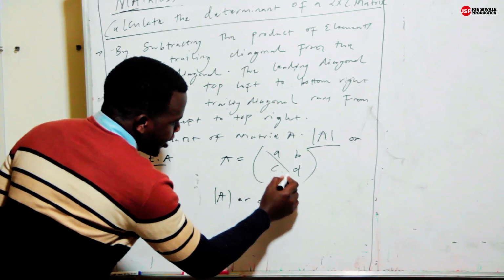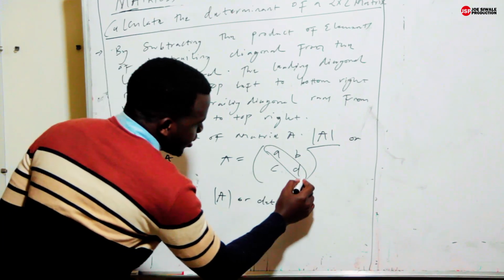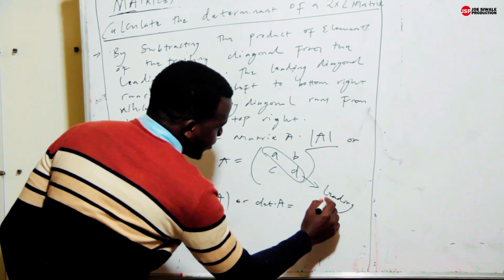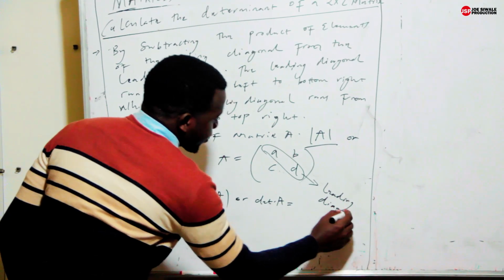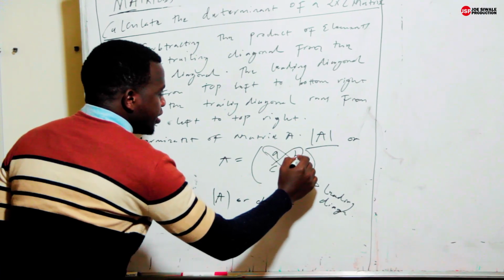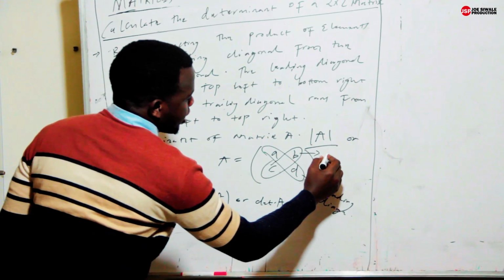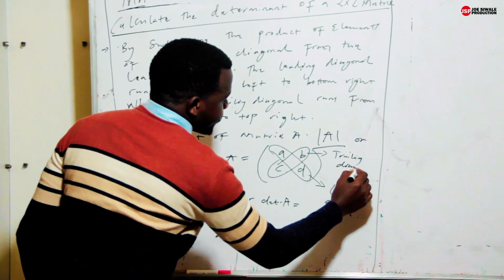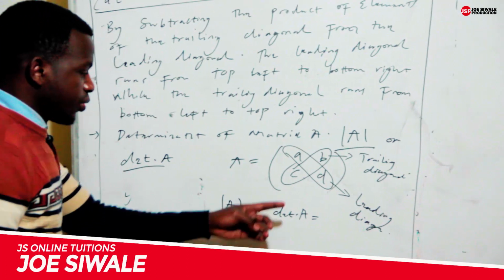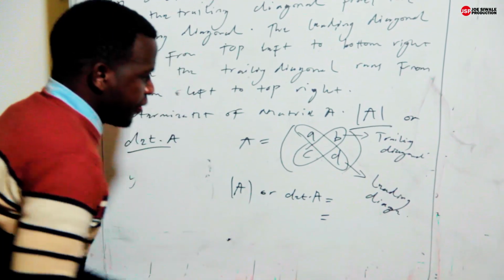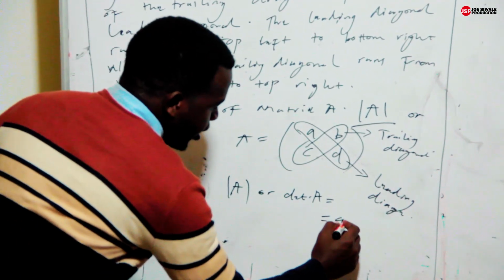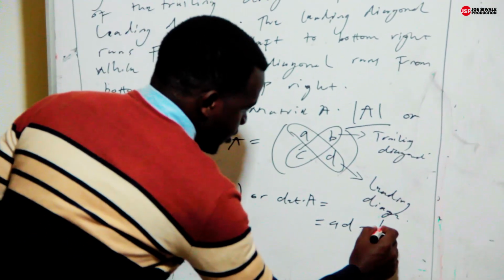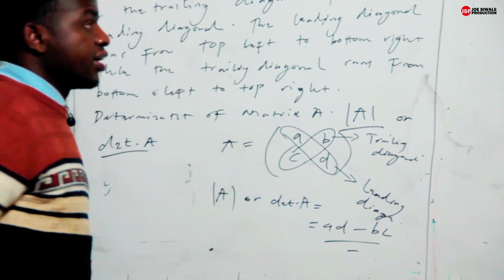So these elements A and D represent the leading diagonal, and B and C represent the trailing diagonal. So to find our determinant there, we can say A, D minus B, C. And that's going to be our answer.